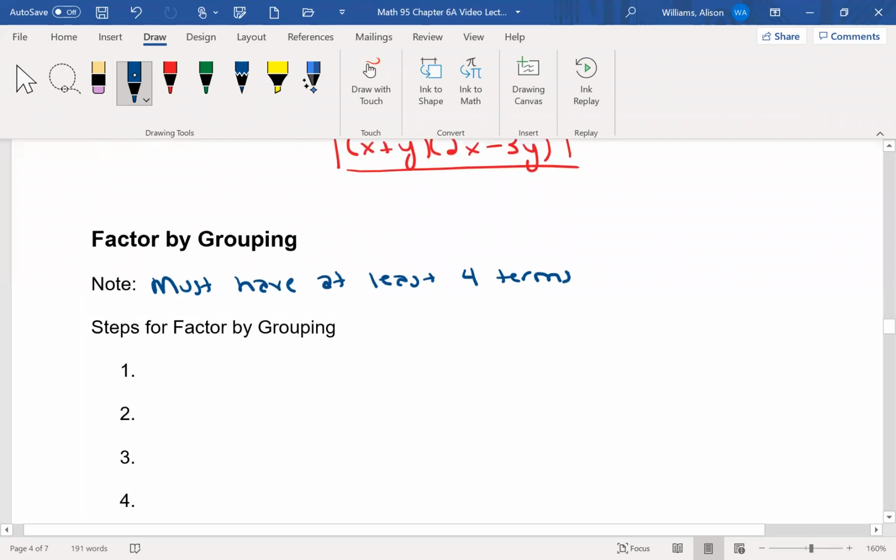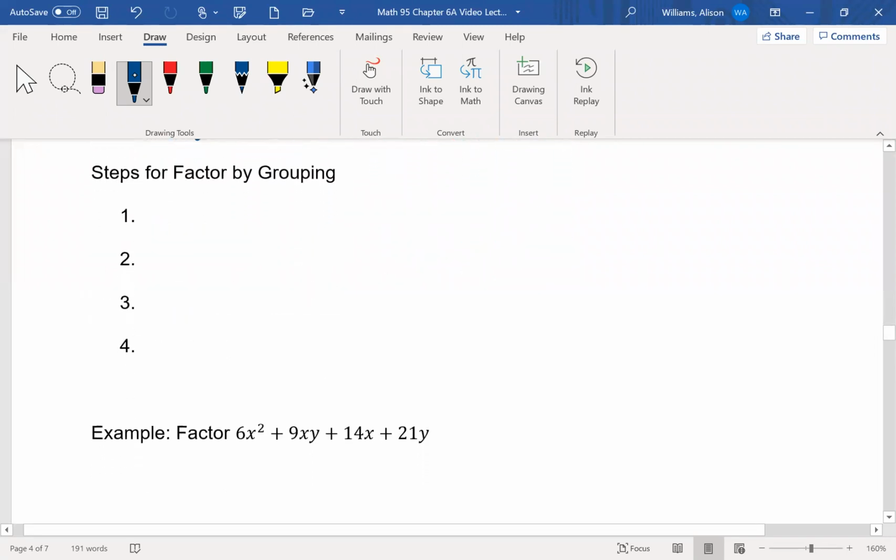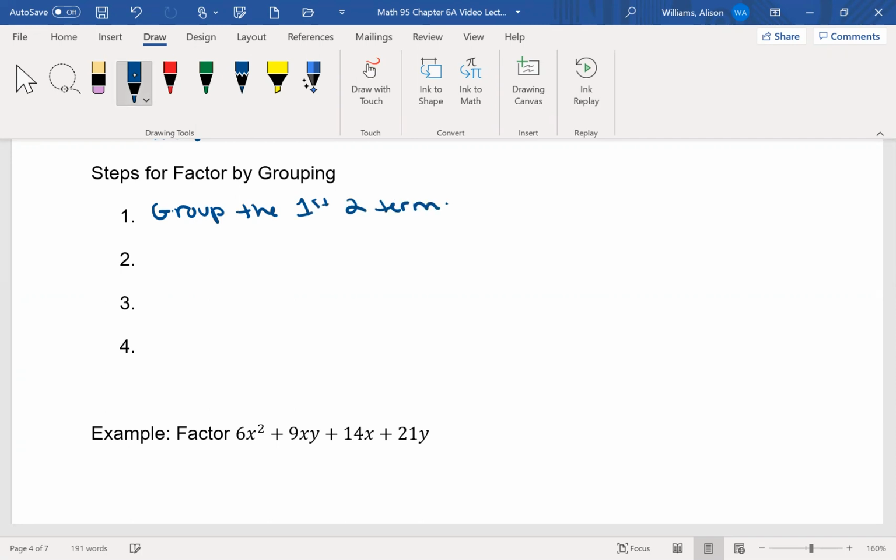Since we'll be working with four terms, I'm going to work it out with the example below as we do the steps. What we'll do is group the first two terms together and then the last two terms together.